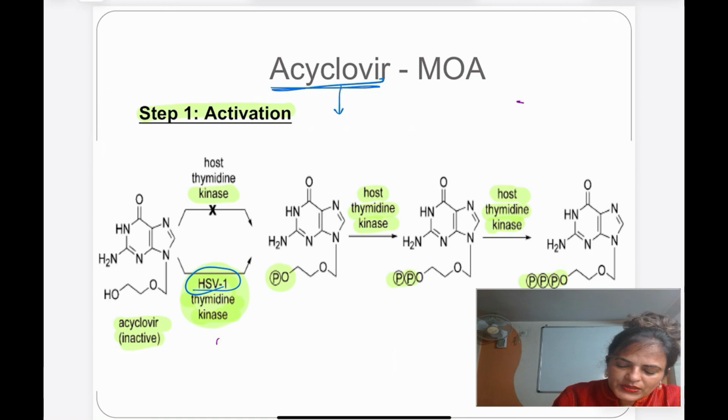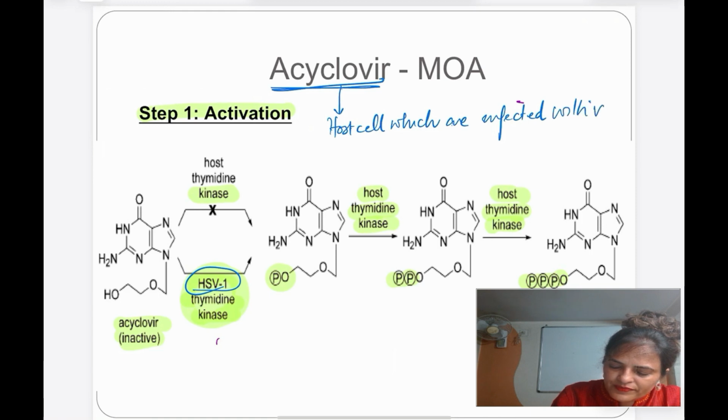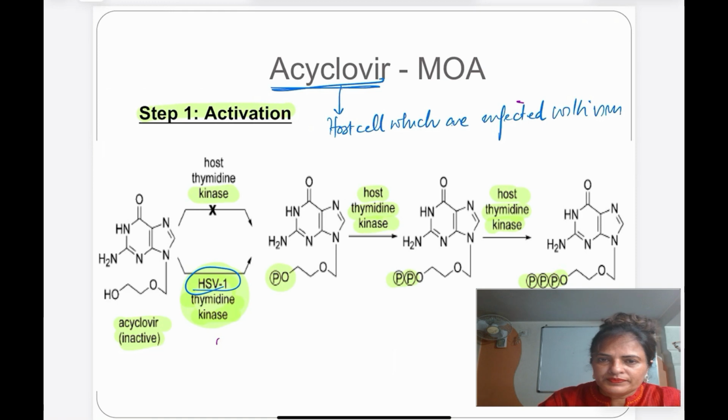It gets activated within the host cell which is infected with the virus. Acyclovir gets activated within the host cell which is infected with the herpes virus, because it needs the activation.